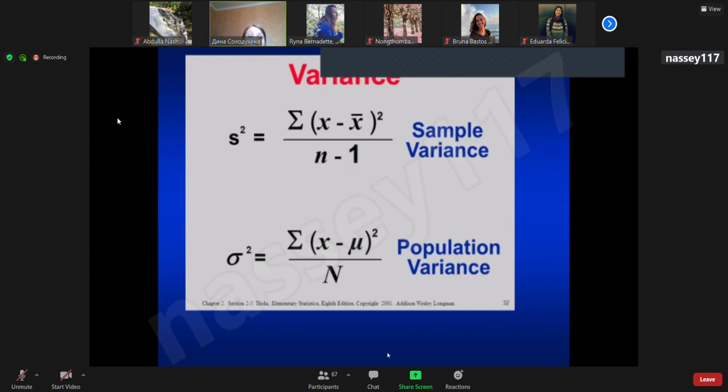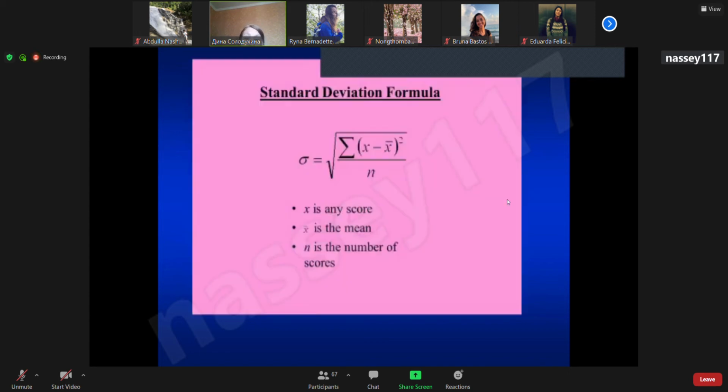If you calculate a variation in the population, we do the same, but we have parameters in the population like x and mu, and this will be our population variance. If you need standard deviation, we will take a square root of this parameter, and it will be standard deviation, which shows how parameters are distributed around the mean.